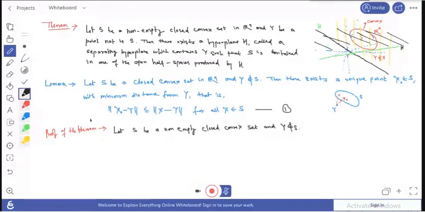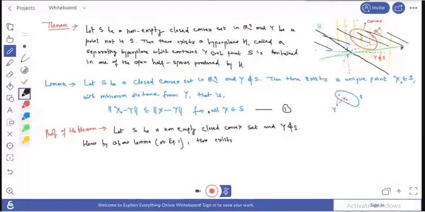Hence, by our lemma, or you can say simply question number one, there exists some point. In our lemma, we considered the point x naught. In our theorem, we take an arbitrary point, suppose w.